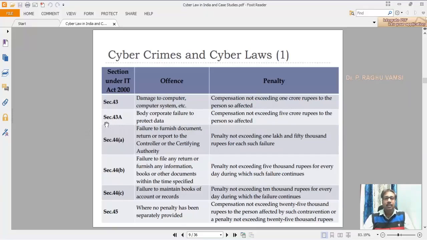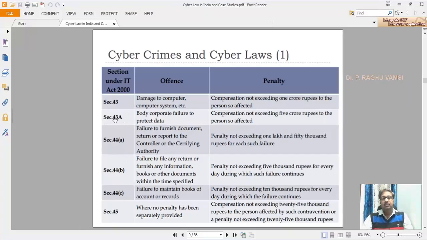Next is section 43A, corporate body failure to protect the data. Here data will be collected by some corporate bodies, but if the data was leaked out or if the data privacy was not maintained by the organization, then under section 43A the penalty can be imposed.